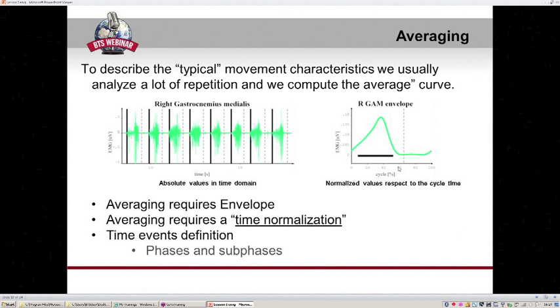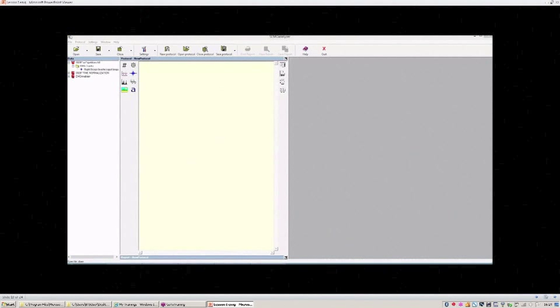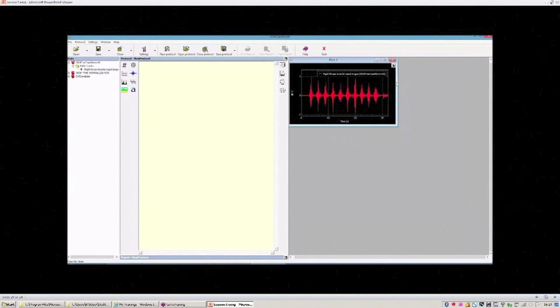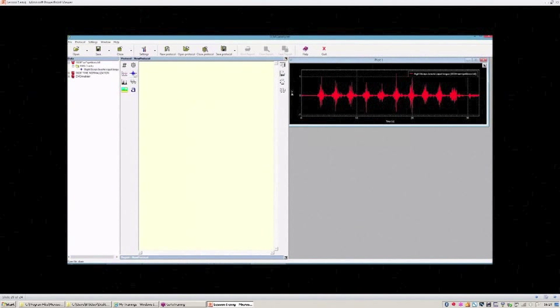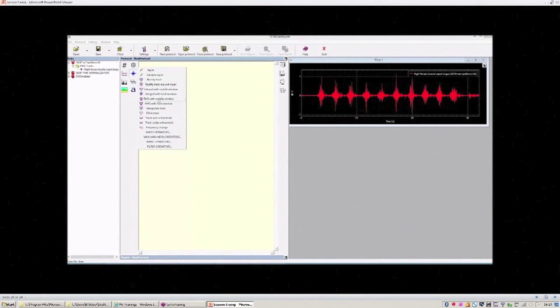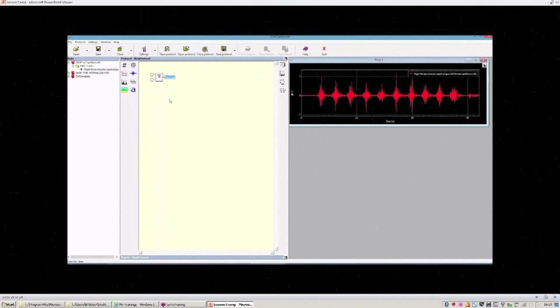So now I'm going to show you how you can perform time normalization of a signal in a cyclical movement in our EMG analyzer application. In this example, we have a series of repetitions. Imagine that we want to extract the pattern of the signal during each sequence. So again, I can compute the root mean square of the signal.